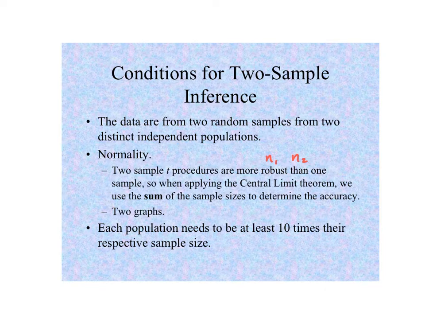Here we're looking for normality based on, is N1 plus N2 greater than or equal to 30? That's the central limit theorem applied to 2 samples.